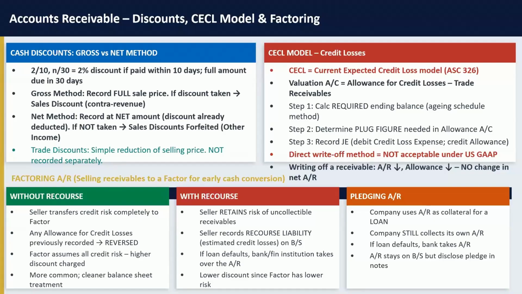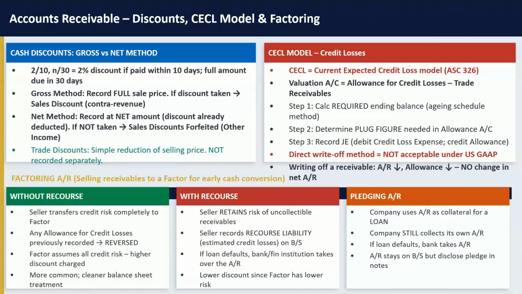And for calculating credit loss expense, you will use this current expected credit losses model and T account. Now, valuation account is nothing but your allowance for credit losses minus the trade receivables, minus accounts receivables. That is what will be your valuation account.